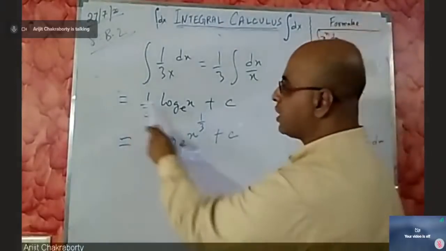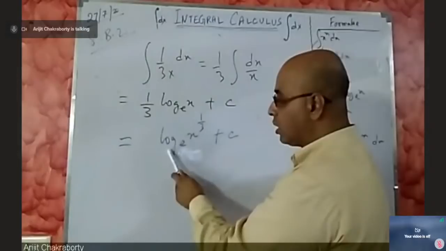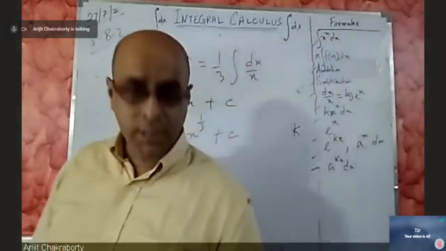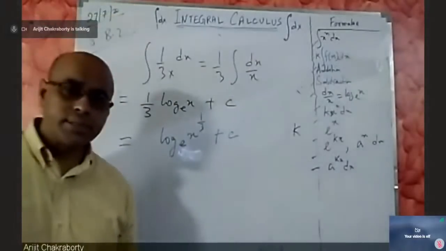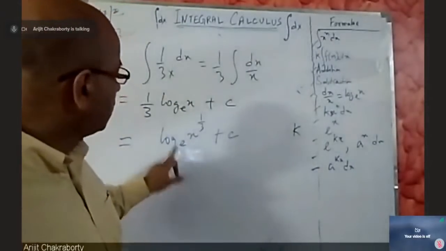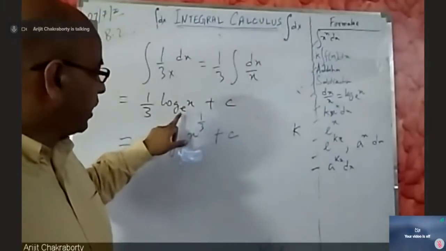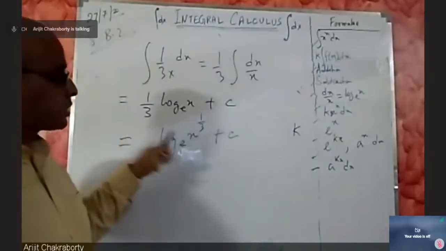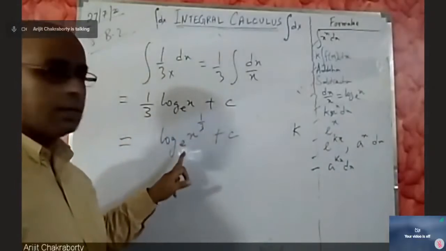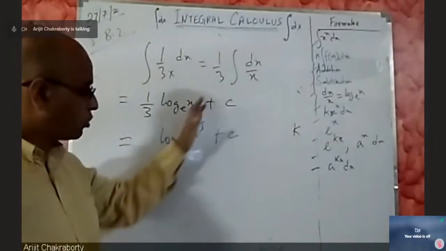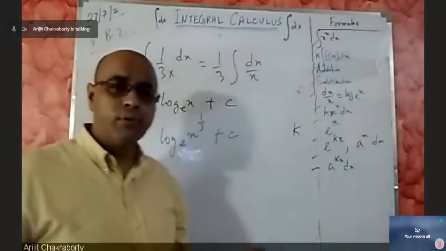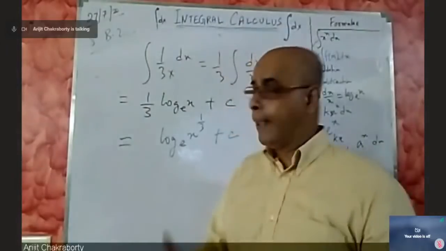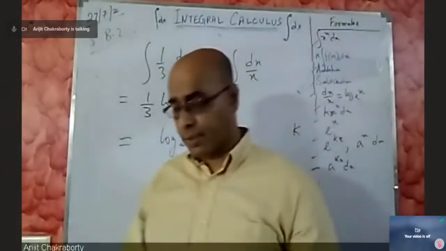So 1/3 log x is also equal to log x to the power 1/3. Using the basic principles of logarithms, if I multiply log x to the base e by 1/3, it actually means log x to the power 1/3 to the base e. Both are same. So be very careful about the options given in the exam. Please study the options carefully and then select the right answer.